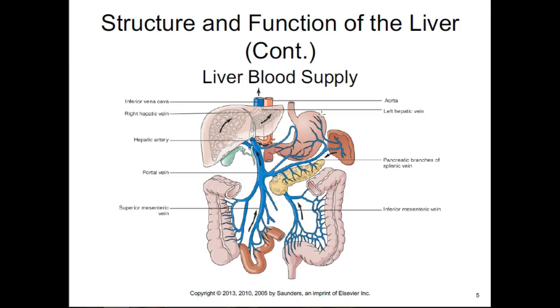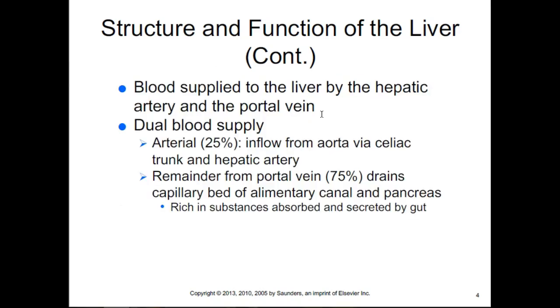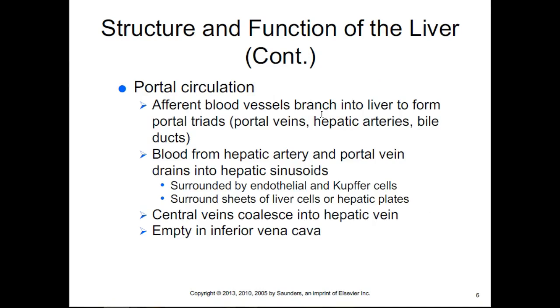Then as it works its way to the central vein, everything from the central vein is recollected and eventually reaches the inferior vena cava. So you see that it is rich in substances absorbed and secreted by the gut. That's why it's really important.